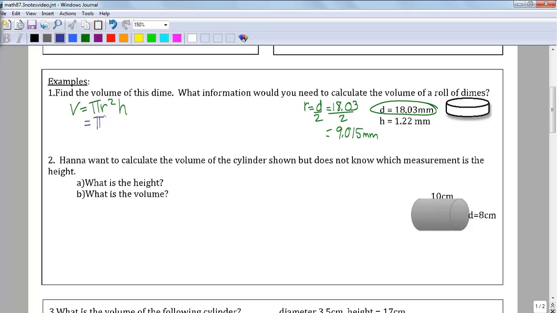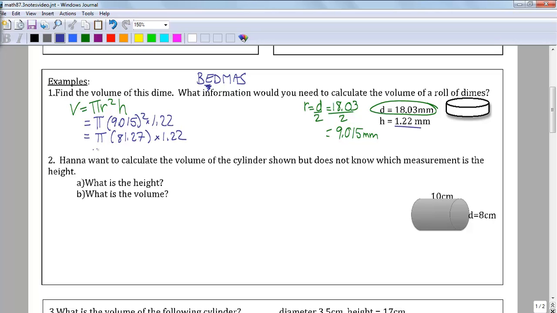If not, 3.14 times 9.015 squared, and then the height, 1.22. So remember, order of operations, whenever you've got multiple operations going on, you do the exponent first. So I'm going to square that 9.015, and I get 81.27 and a bunch more other digits.